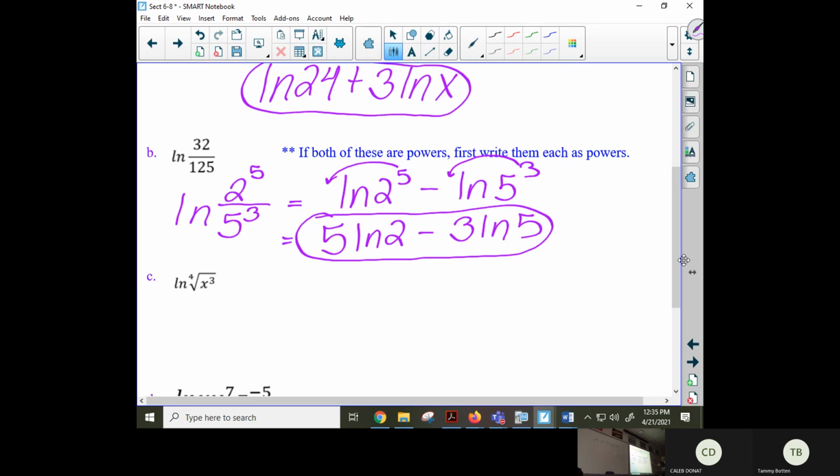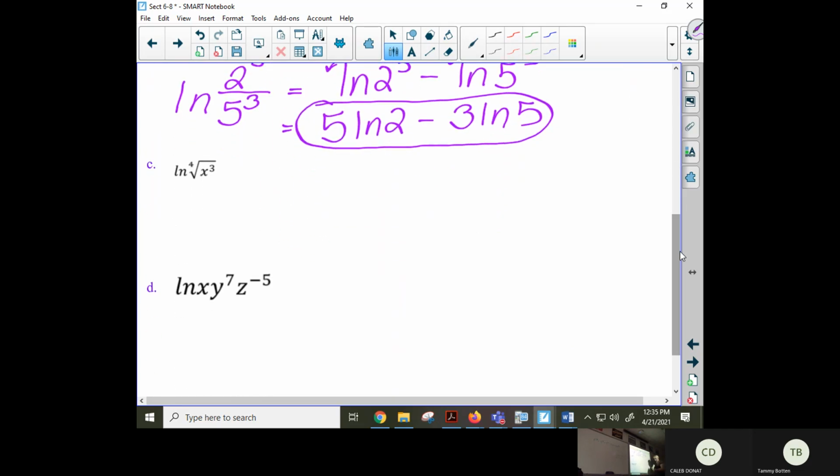Okay. Now this next one, we have natural log of the cubed 4th root of x to the 3rd. Now this is something we haven't talked about a ton, but when you have a power to a root, you can write that power.